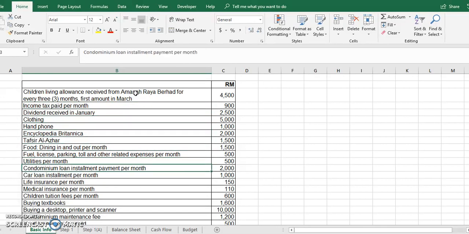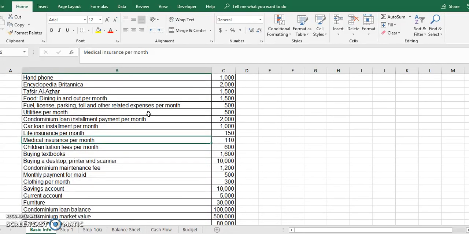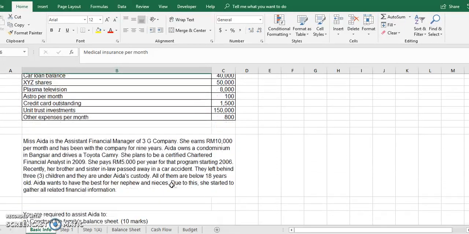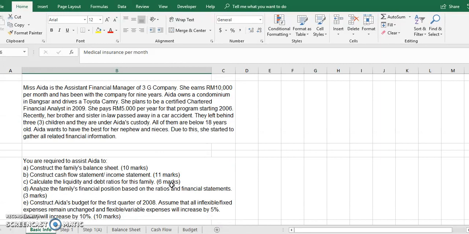So the objective of this topic, or this question, is that we want students to be able to prepare the balance sheet, or personally I would prefer to call it a statement of net worth. Secondly, you should be able to prepare the cash flow, and then later you are expected to calculate the ratios.